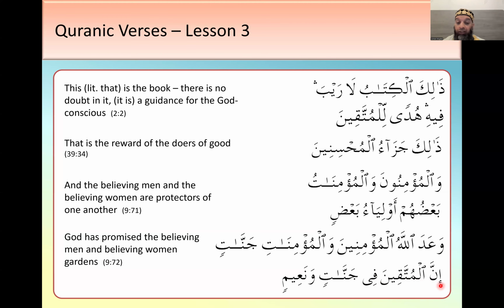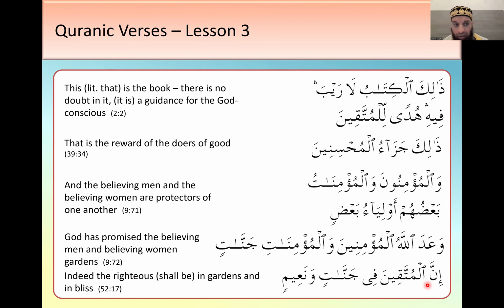Innal muttaqina. Inna means indeed. Sometimes it might be translated as surely, but it's emphasizing, making the sentence stronger. Somebody's asking why it doesn't say jannatun here. Why is it jannatin? Because of some grammar going on.